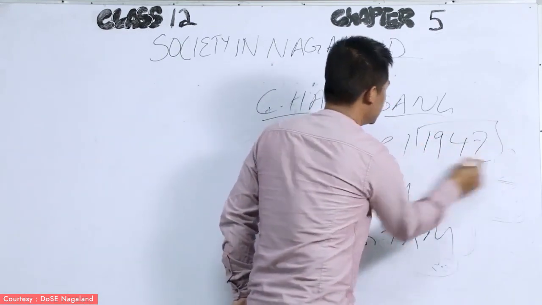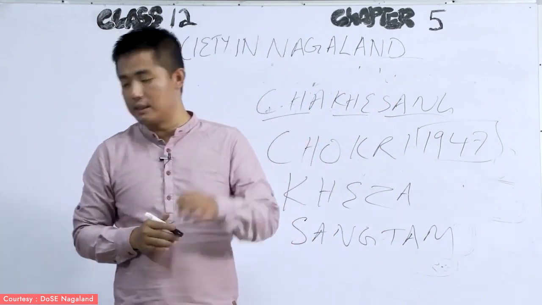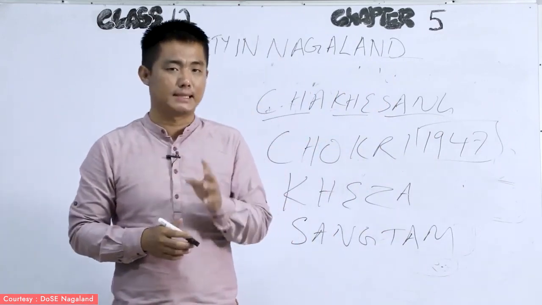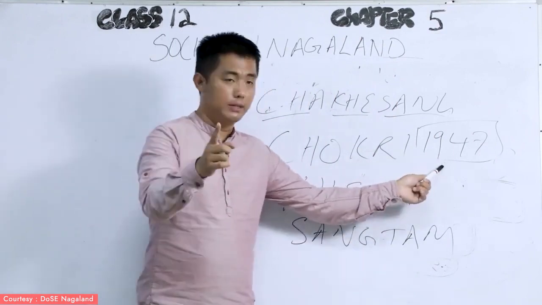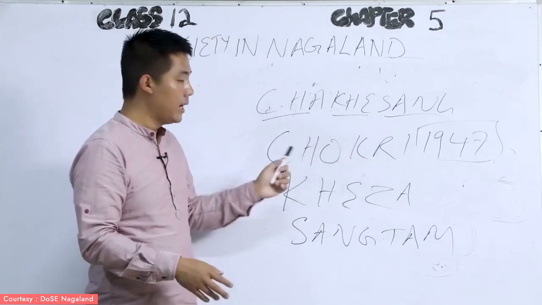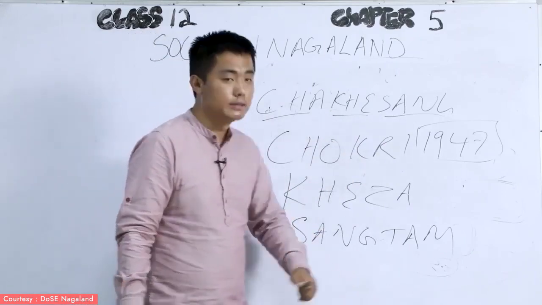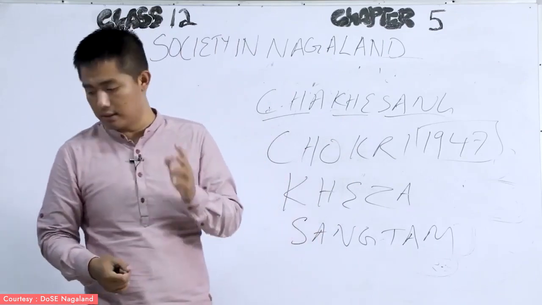This is very important. Kindly underline this particular year also. It is given in the 6th paragraph of page number 60. In 1947, this particular word Chakhesang was approved, and the three groups are Chokri, Khezha, and the Sangtams.